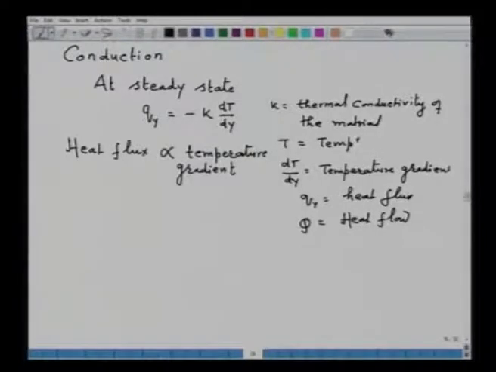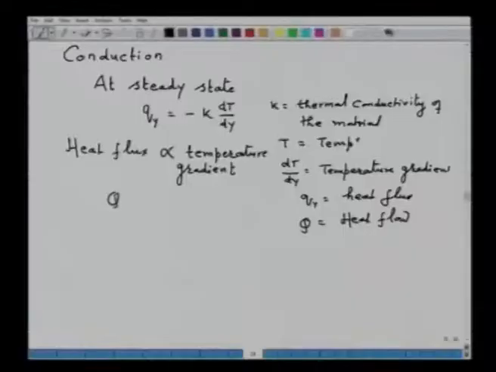Whereas, if you want to write this expression in terms of Q, which is the heat flow, then Q will be equal to minus k A dT upon dy, where Q is now the heat flow in watts, and A is the area, and remember this area is perpendicular to the direction of flow.